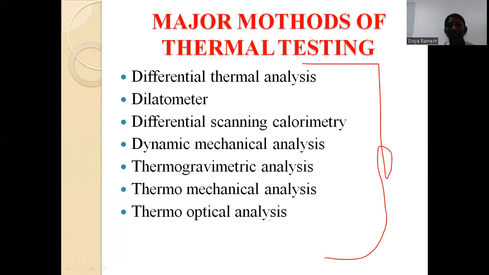These 7 methods will be used to study the material properties when subjected to some temperature. Previously we have not yet seen any consideration of temperature in order to view the physical, chemical or mechanical properties of a material. But in this case, we are going to consider temperature as one of the parameters.